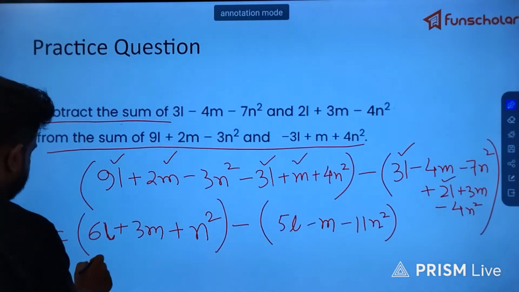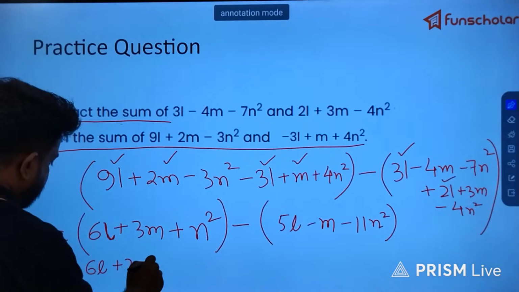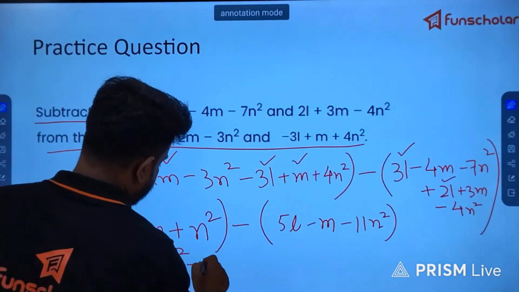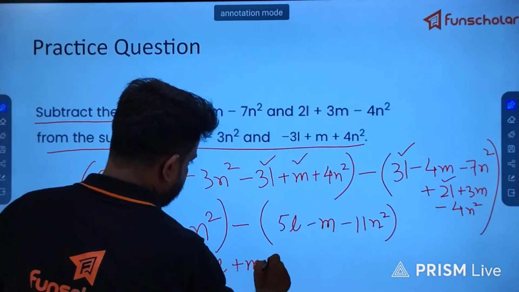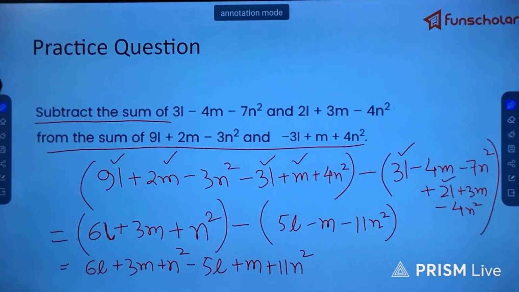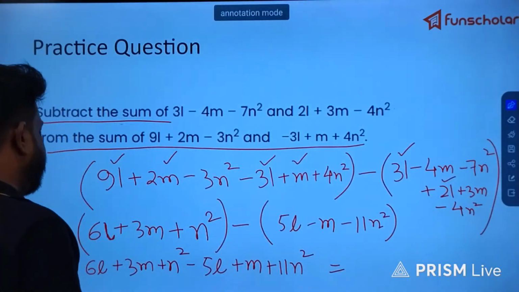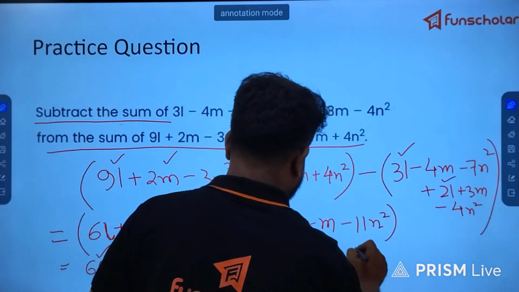The next thing is 6l plus 3m plus n square minus 5l plus m plus 11n square. Okay, done. So next thing is add them. So from 6l and minus 5l we will be getting l.